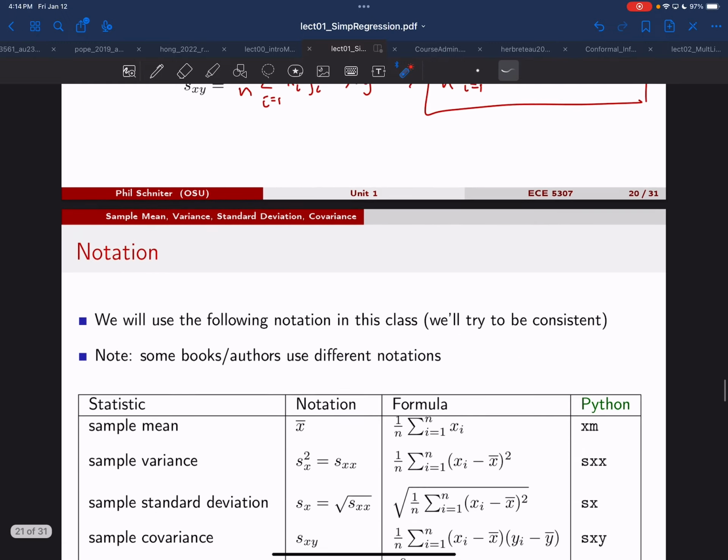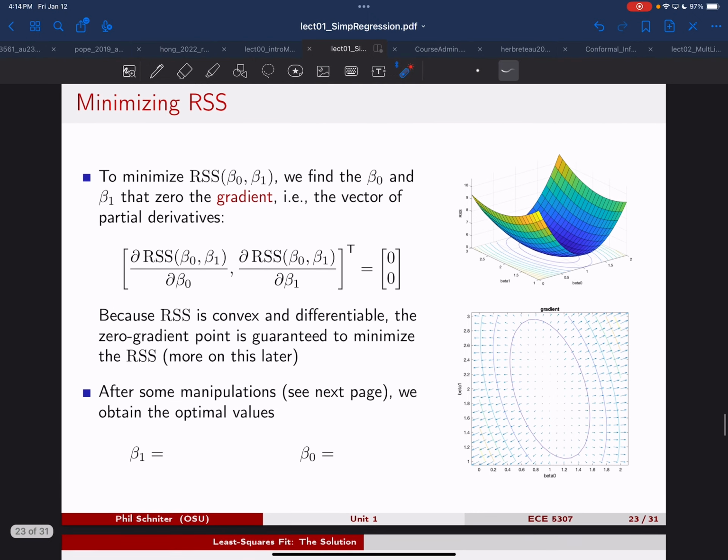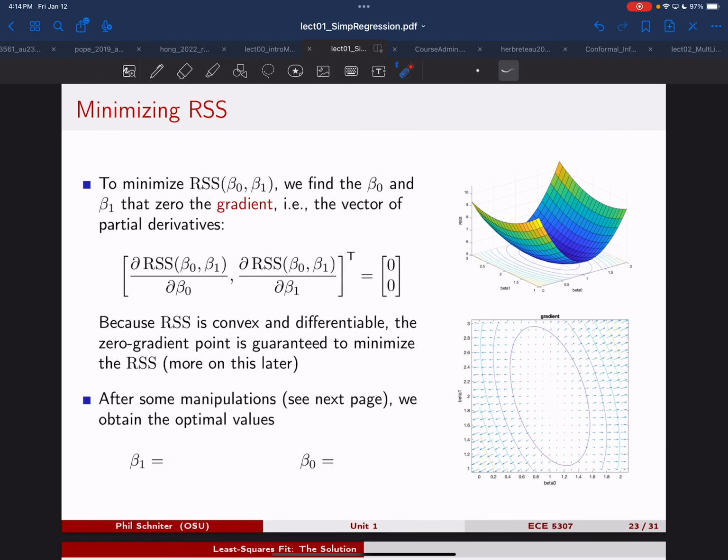Okay, so today we're going to attack this problem of minimizing the RSS. Let's step back for a moment and consider what happens if we have a single variable function, where x is just a scalar. Let's say the function looks like this.